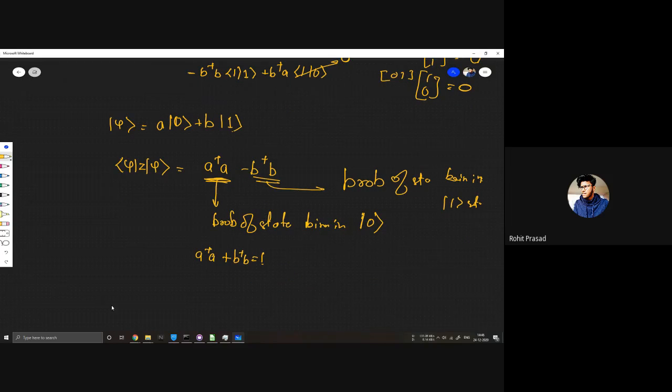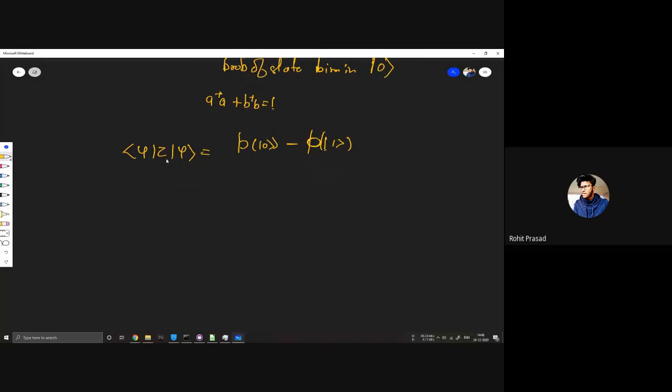So we can say that psi z psi is equal to the probability of 0 minus the probability of 1. So this is our result for the expectation value of z for a given psi.